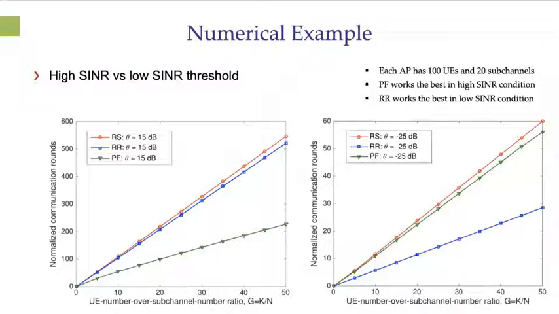On the other hand, on the right-hand side, where you have a really good link, then we don't really have to worry too much about that. We can just go round robin and still get good performance. So blue here, the lower one on the right, is the round robin. On the left, green, which is proportional fair.